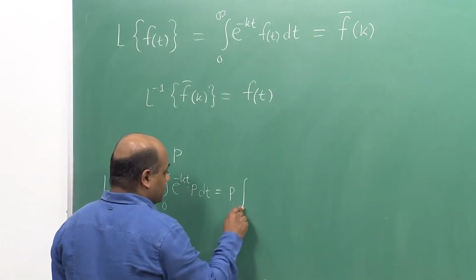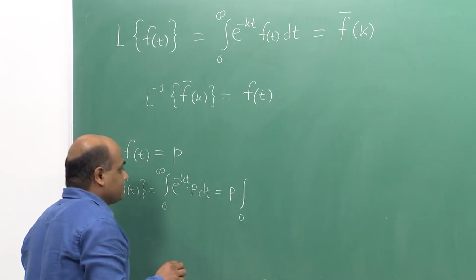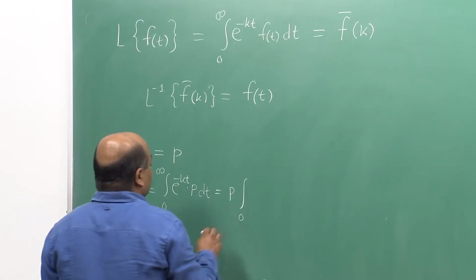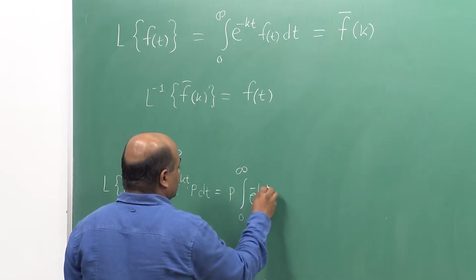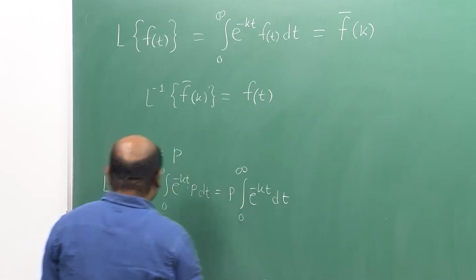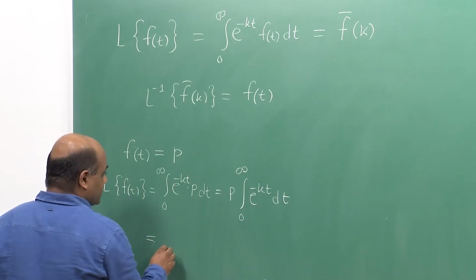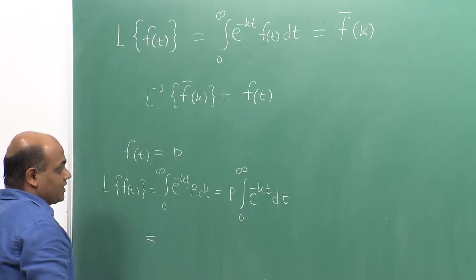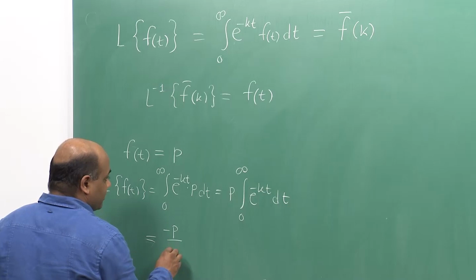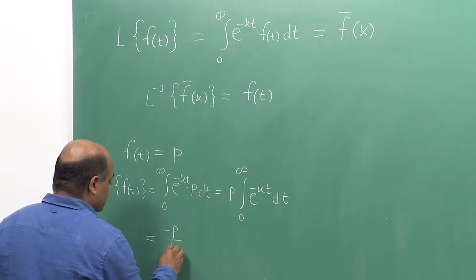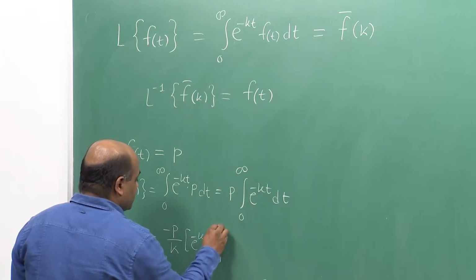So, we can take it out of the integral, p times integral 0 to infinity e to power minus k t dt, and integral of e to power minus k t is minus 1 by k e to power minus k t. So, minus p by k e to power minus k t from 0 to infinity.